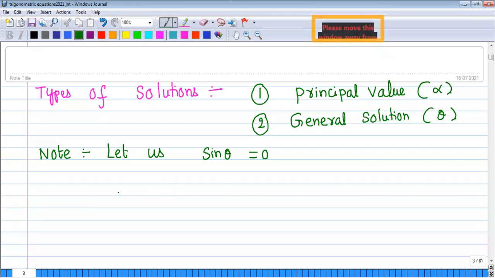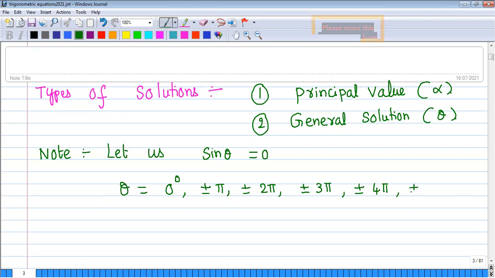Very good. That means you can write like this: theta is equal to 0 degrees, plus or minus pi, plus or minus 2 pi. Pi means 180, plus or minus 3 pi, plus or minus 4 pi, plus or minus 5 pi.